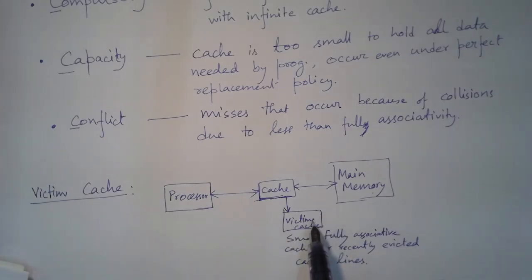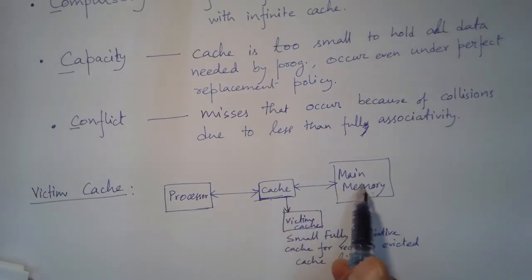So, this is one way to reduce your miss penalty, because if there was no victim cache, then even if the data was just recently evicted, you would have to get it from the main memory.